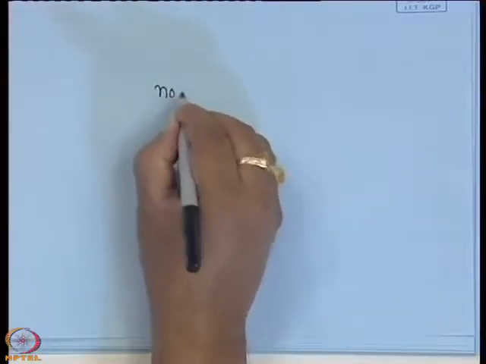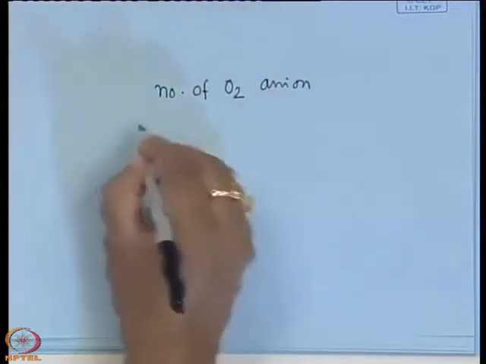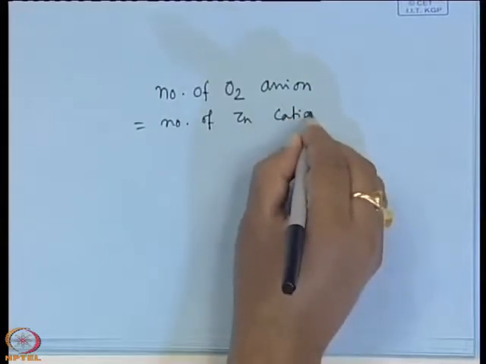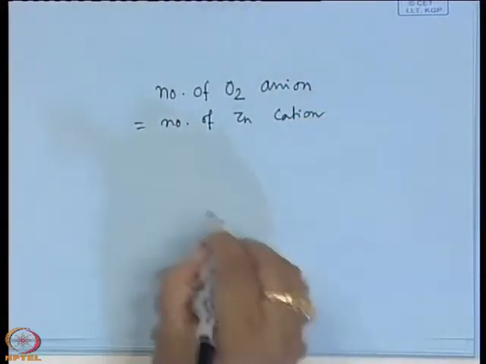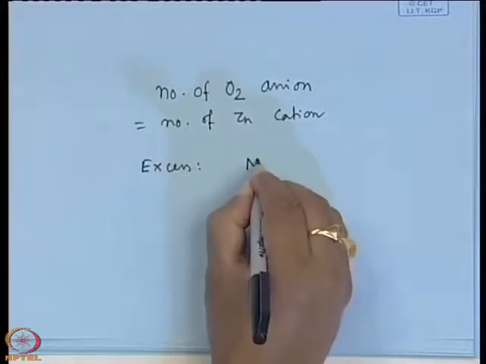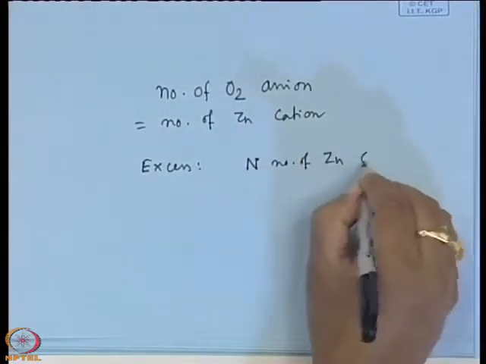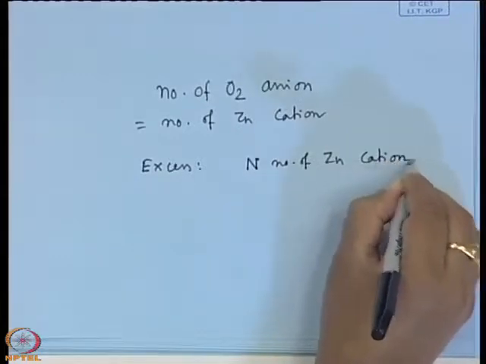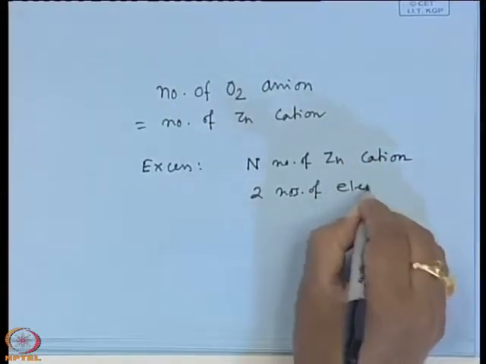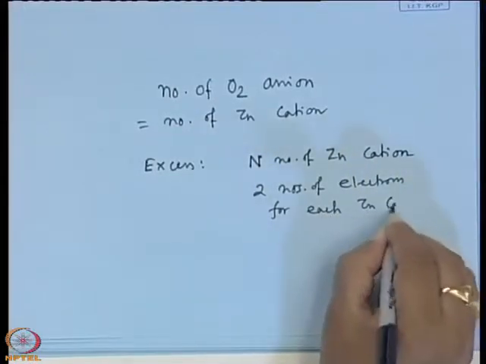That means the number of oxygen anions equals the number of zinc cations, plus the excess zinc cations, and 2 electrons for each excess zinc cation.